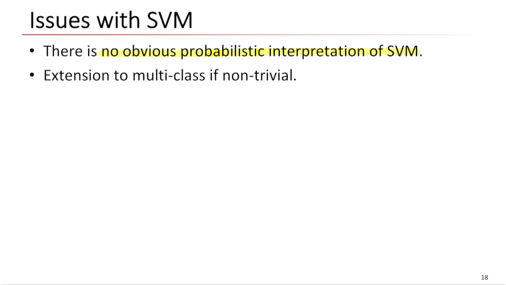So that is one limitation. Another one is that extension to multi-class SVM is non-trivial. So please search what multi-class SVM is on the web. Okay, so these are the issues with SVM.